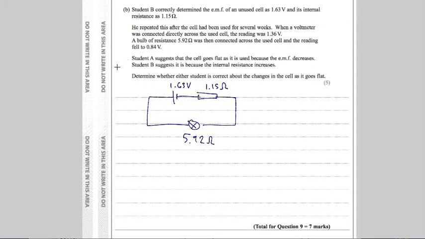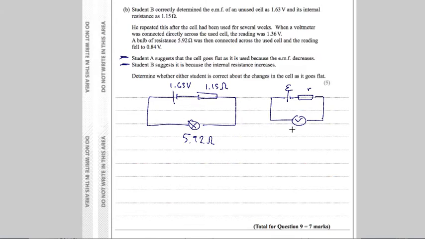So we're going to need to find the EMF, and we're going to need to find the internal resistance. 2 marks for each of those, and then the 5th mark is going to be for some kind of concluding statement. Let's see. When a voltmeter is connected directly across the used cell, so what we have is this. We have the EMF, and we have the internal resistance connected directly to a voltmeter.